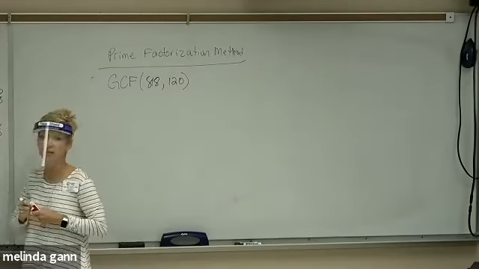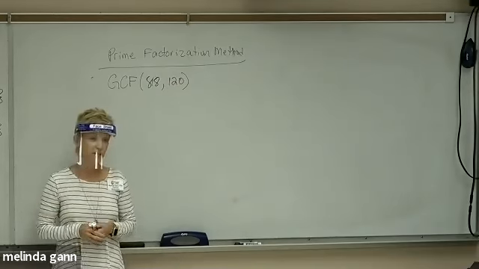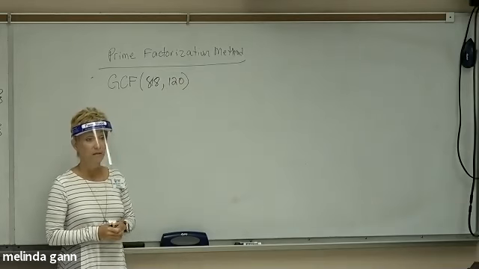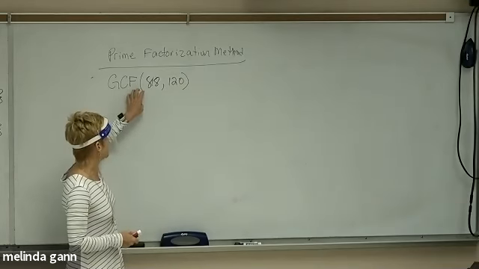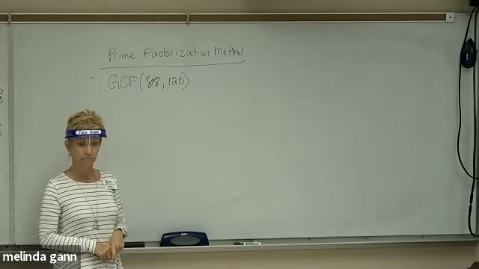See, I don't want to really list all the factors of 120. So that's why the intersection of sets might not be as good. So find me the greatest common factor between 88 and 120 using that prime factorization method.